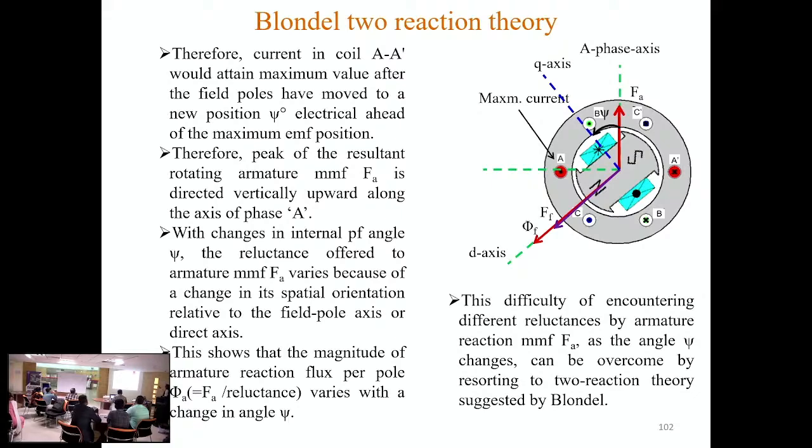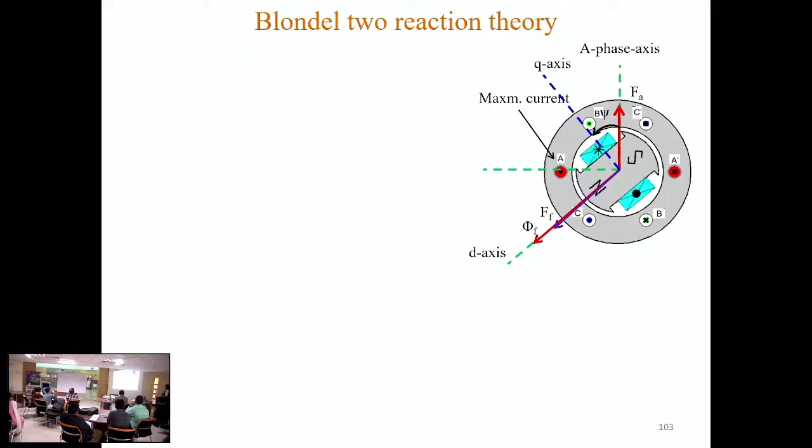That is why we need this two reaction theory. We will express this FA into two perpendicular components, and they will face two different reluctances, and those two reluctances will be constant. One along the minimum air gap path, another along the maximum air gap path. So that we will see.